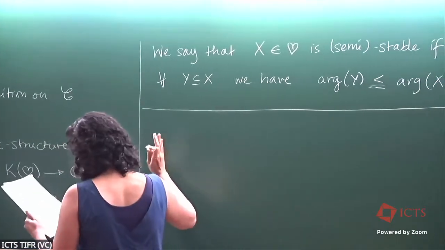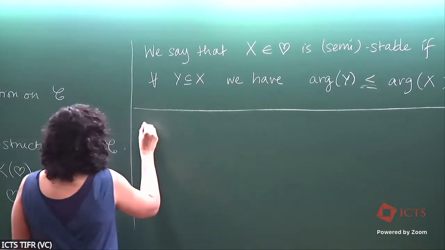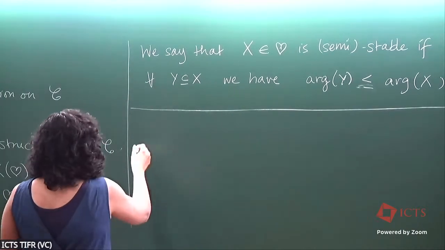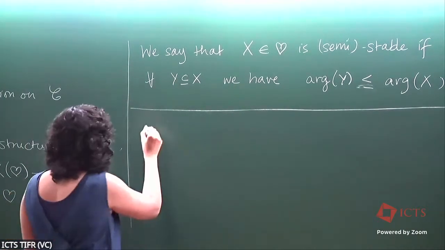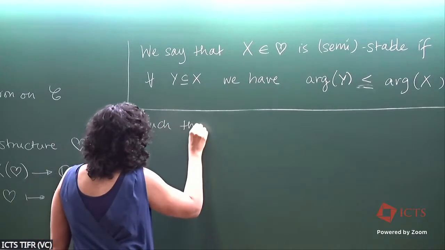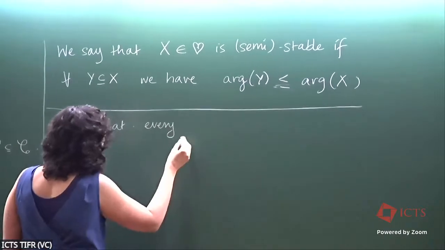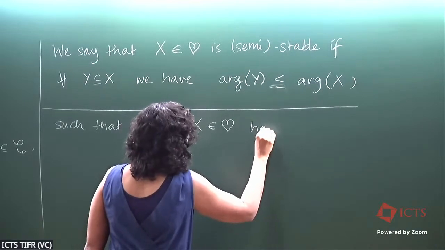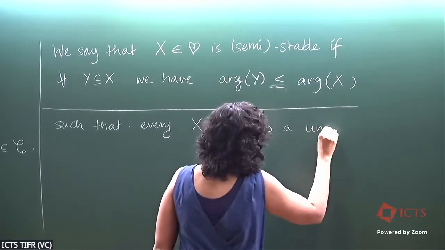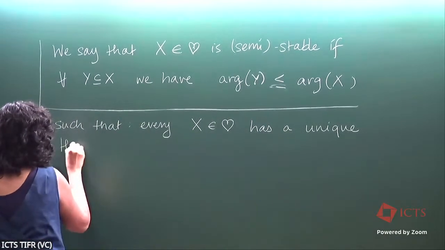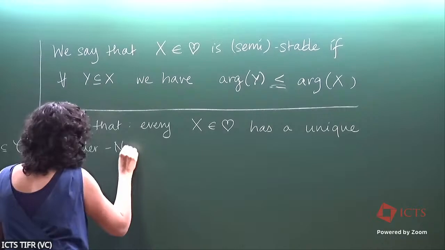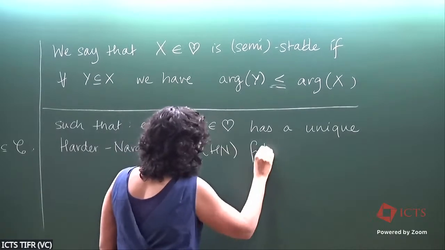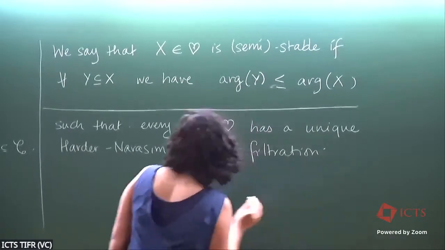And then the last thing I need here, the technical thing, is the notion of a Harder-Narasimhan filtration. You need all this data, which is subject to some conditions. Every object X in the heart has a unique Harder-Narasimhan filtration.